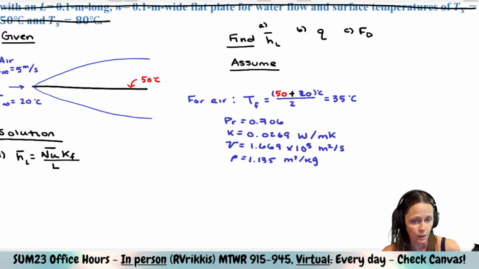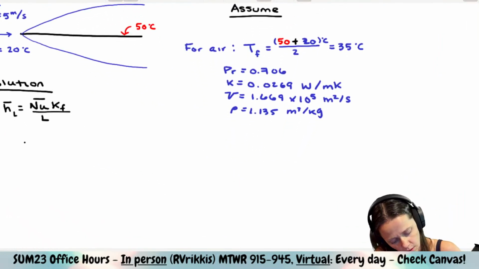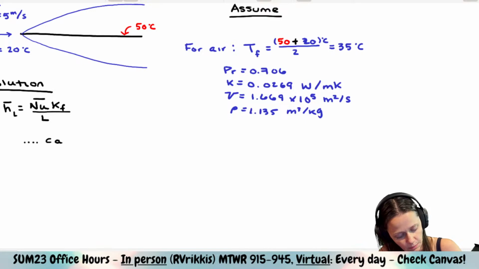So I do need to figure out what my Nusselt number is. First, I'm going to calculate my Reynolds number.